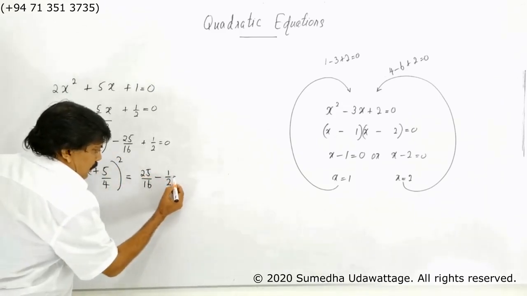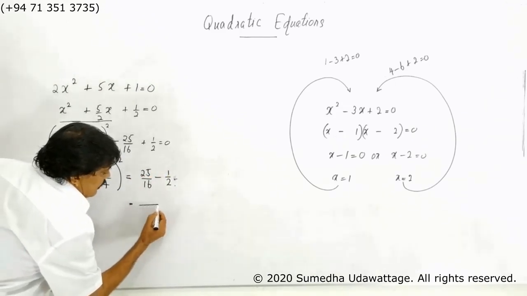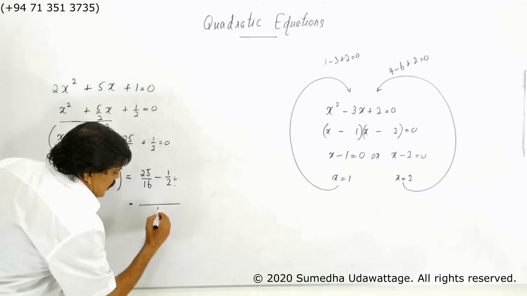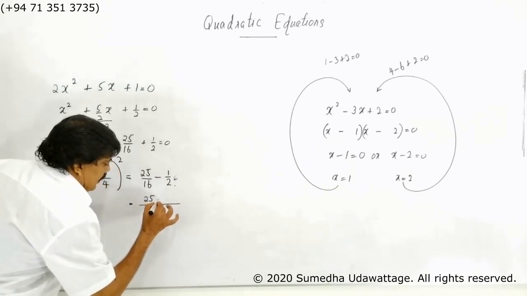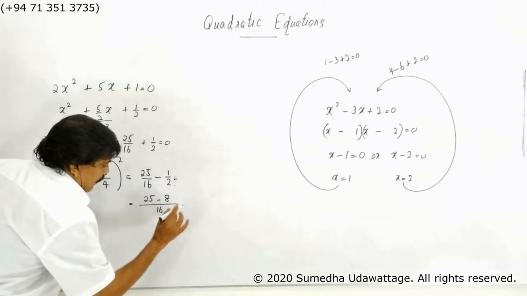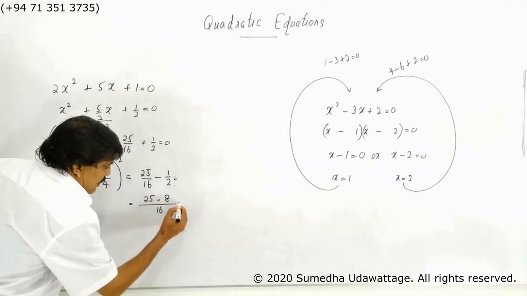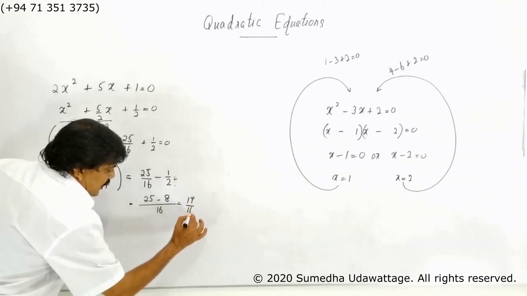If you take 16 to be the common denominator, 25, and 1/2 becomes 8/16, minus 8. Then you get 17/16.